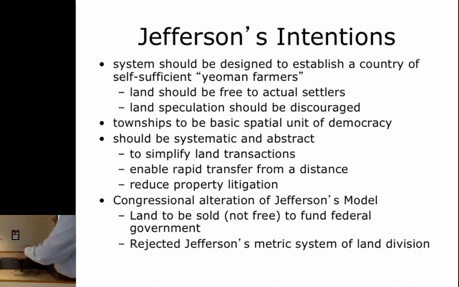And that's one of Jefferson's big intentions of the public land survey system: not only to get land in the hands of the yeomanry, but to do it very quickly and very efficiently, and to avoid this big legal problem that had bogged down the courts throughout the colonial period, the litigation associated with property boundaries.